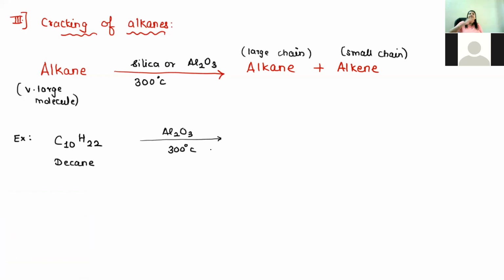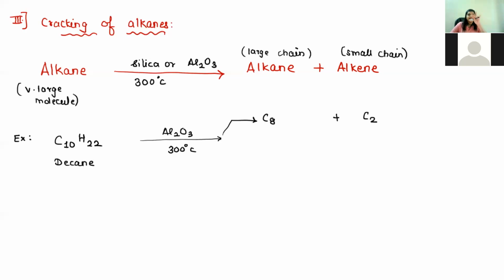Now, there can be various possibilities for this C10H22 to break. Number one possibility: there are 10 carbon atoms, so one molecule can have 8 carbon atoms and another molecule 2 carbon atoms. So the breaking can be 8 plus 2, one possibility.